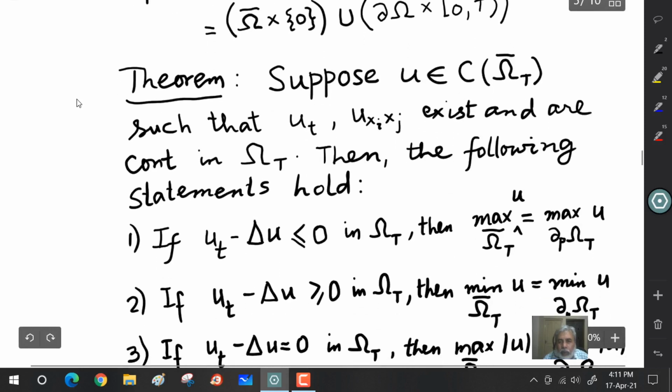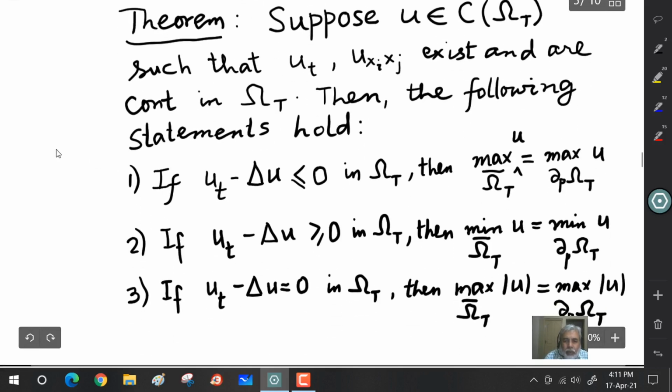Suppose u is a continuous function in omega t bar, with u sub t and the second derivatives existing and continuous in omega t. Then the following statements hold.